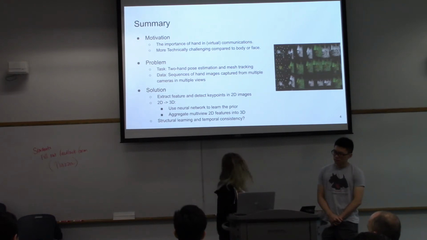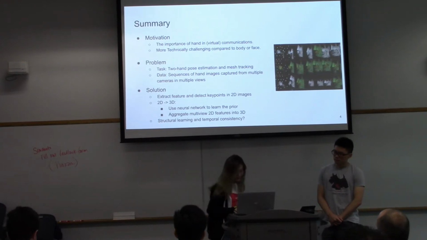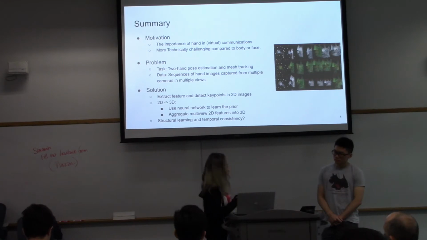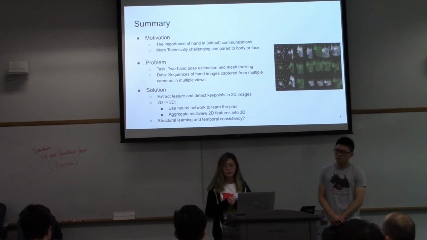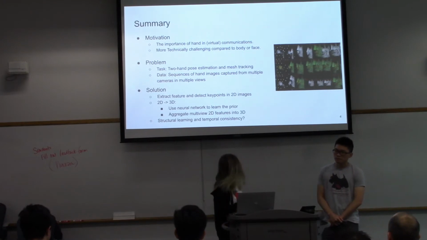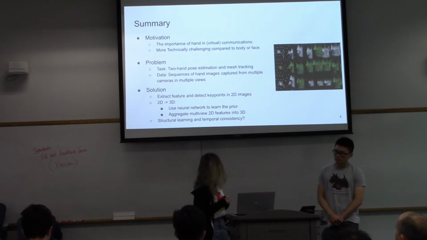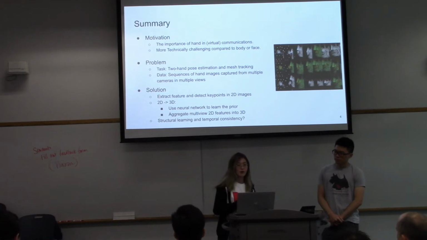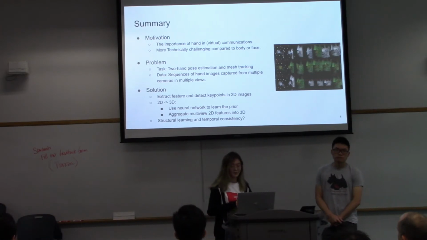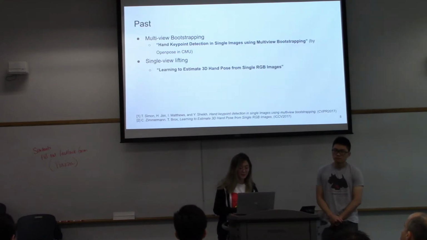We can either use a prior to learn from the neural network to directly predict the 3D positions, or we can aggregate the multiple views of 2D features into 3D. And if time permits, we may also try structural learning and time persistency, if possible.